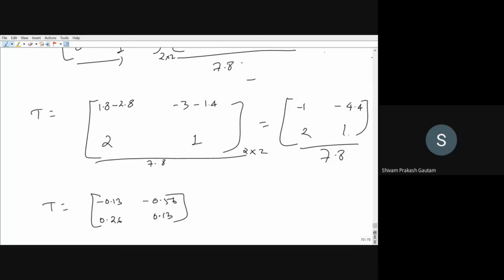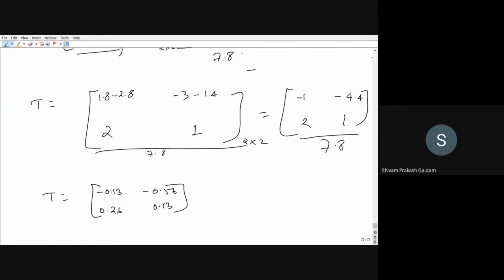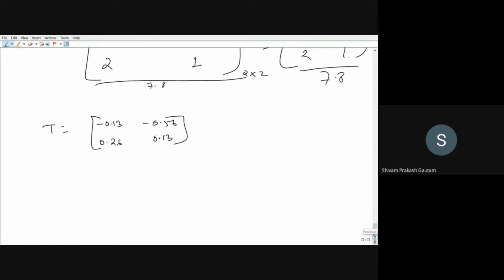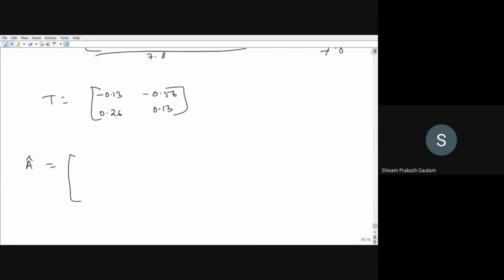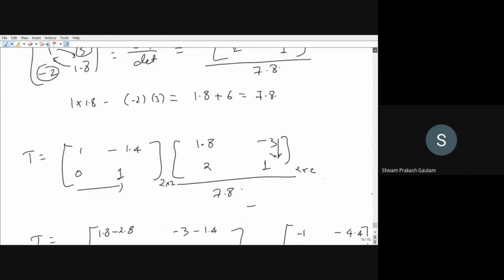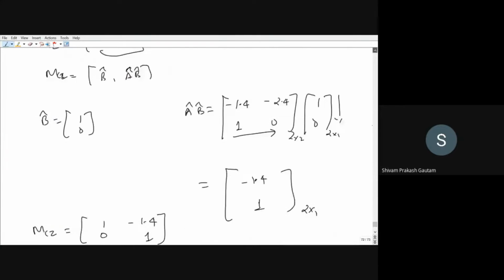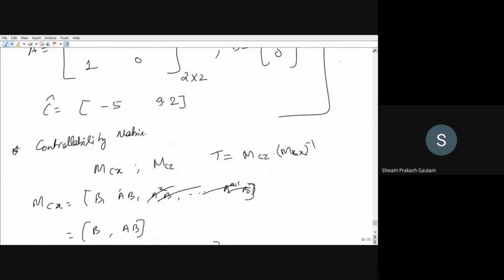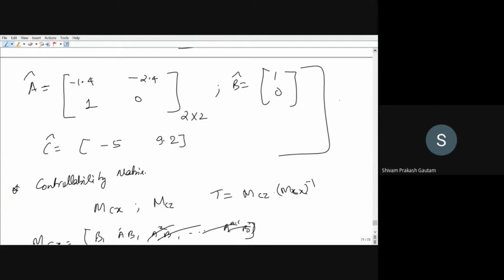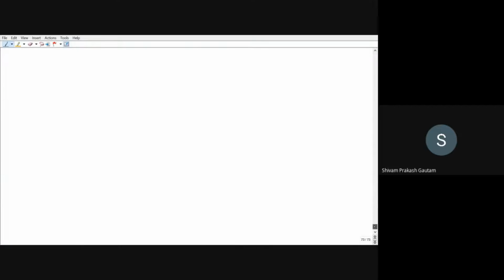Now you are having the A matrix. What is A cap? Where we calculate A cap? Minus 1.4 and minus 2.4, 1 and 0.